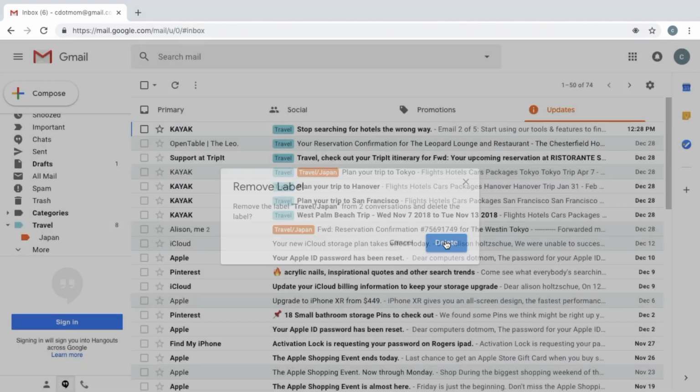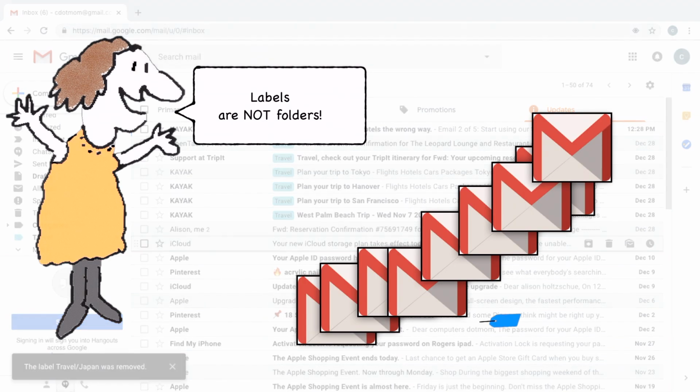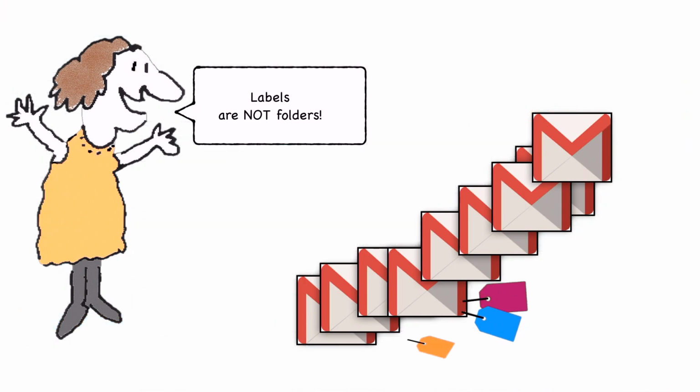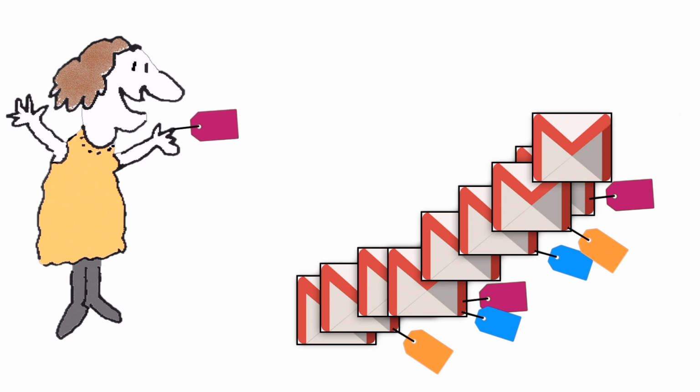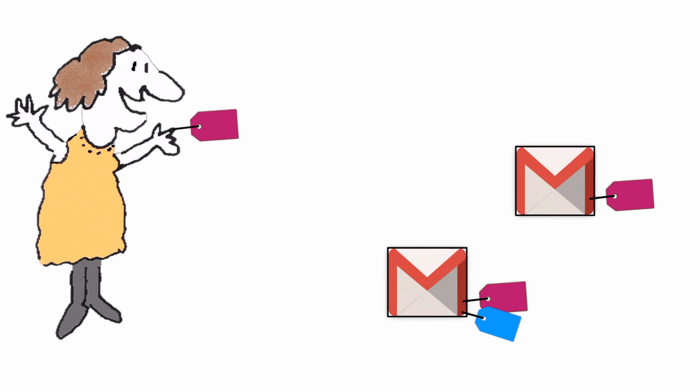This is a really important concept to understand. Applying labels to email doesn't put them in the label. They're not bins. That's why you can have more than one label on any given email, like travel and inbox. Then, when you select a label in this list on the left, Gmail shows you only the emails that have that label. It hides the others.